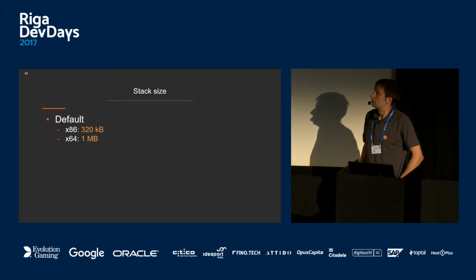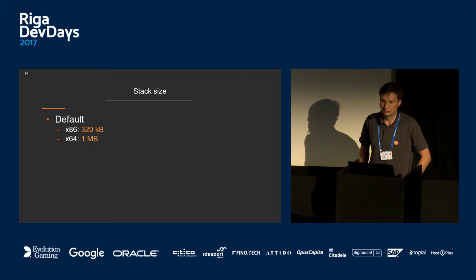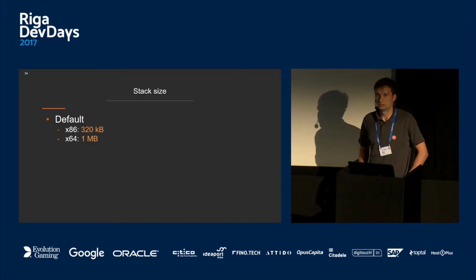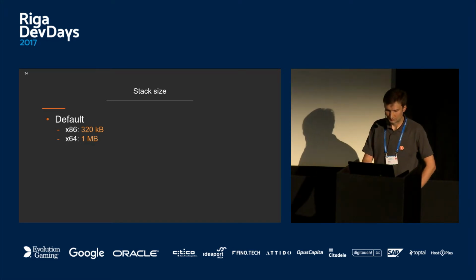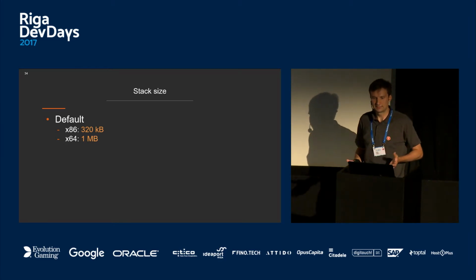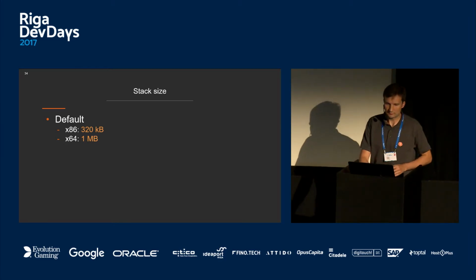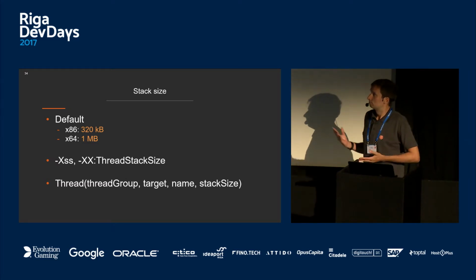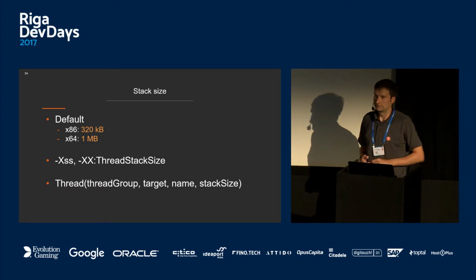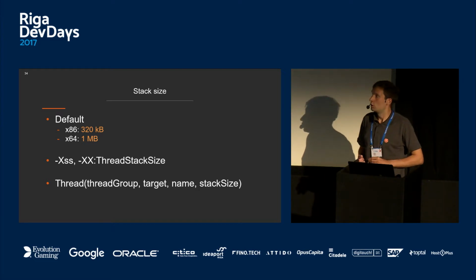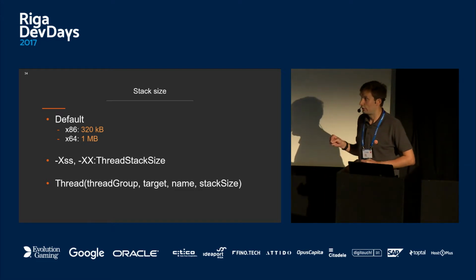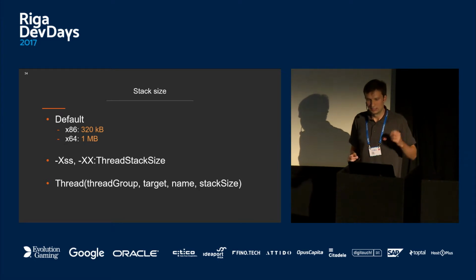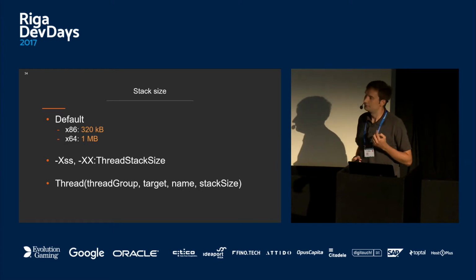I ran this test with the default stack size, which is 1 megabyte on a 64-bit platform. Of course, the larger the stack size is, the more calls I can do. There are JVM options to modify the default stack size, and not everyone knows that there is a thread constructor that can change the stack size of an individual thread.